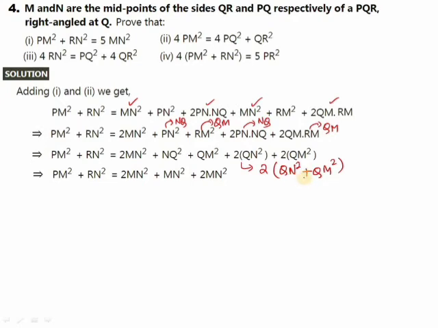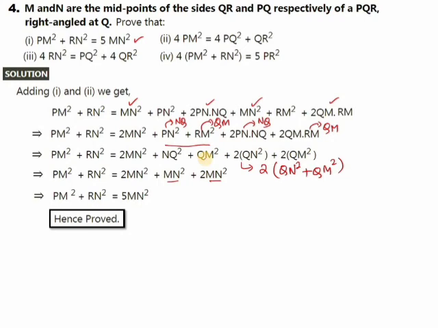So you have already noted down this is MN square, so in place of this I have written MN square, and this much is also the same, that is MN square. So add all of them. 2MN square, MN square and 2MN square, when you add all of them you get 5MN square, and that's what you want to find or prove, isn't it? That's what you want to prove. So we have successfully proved it. You may pause the video and note down till here.